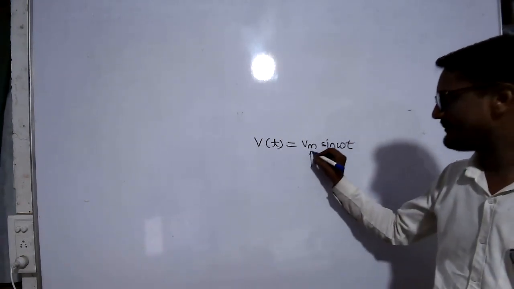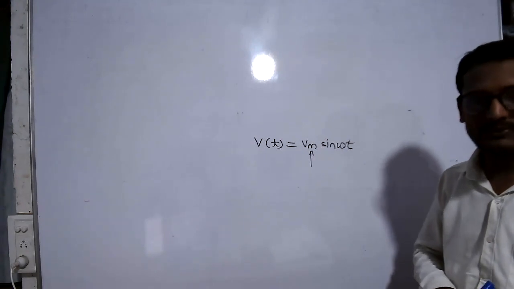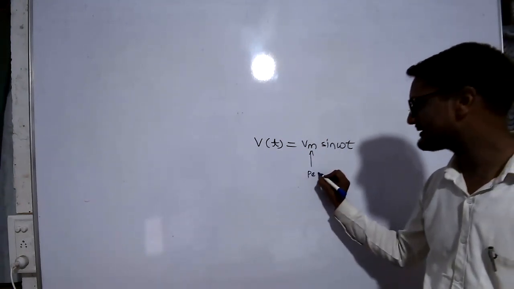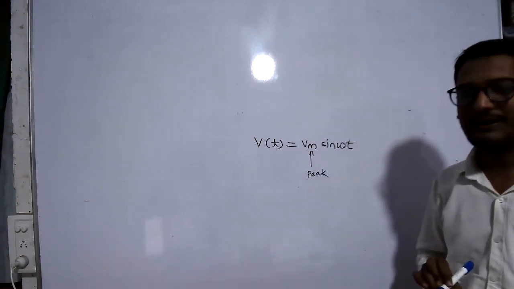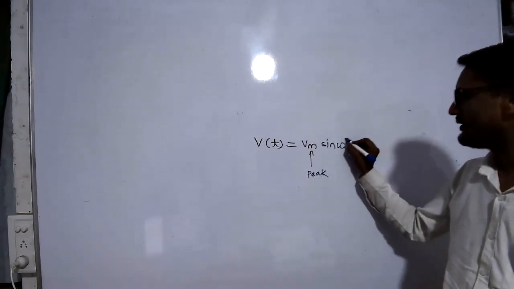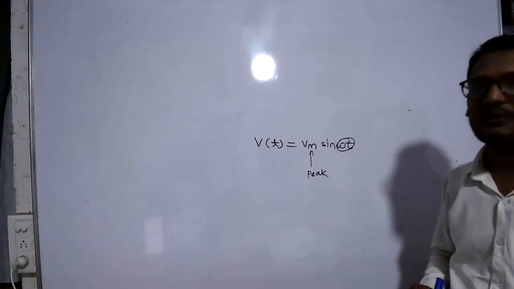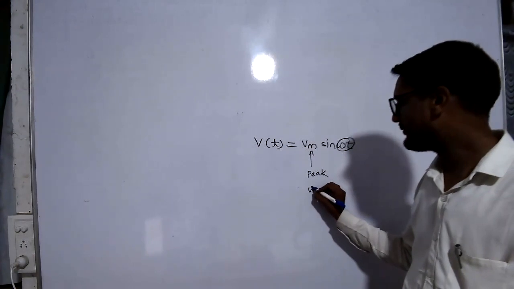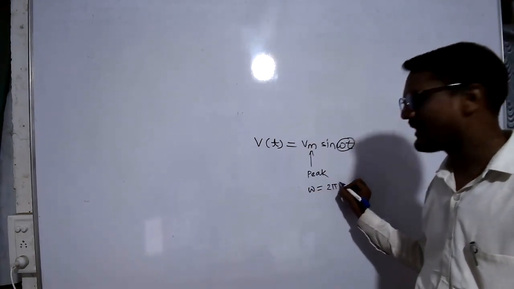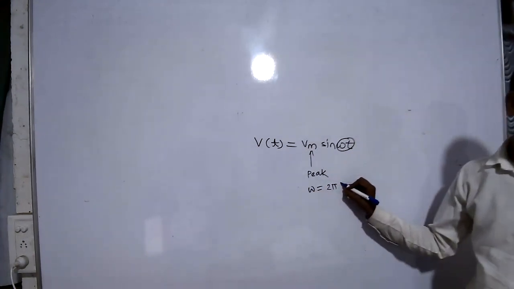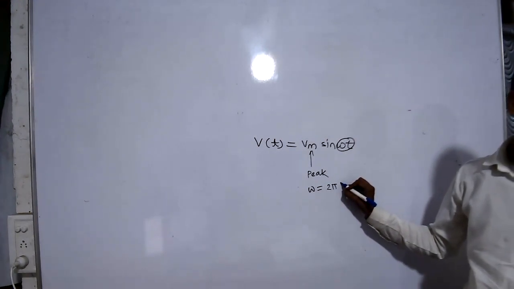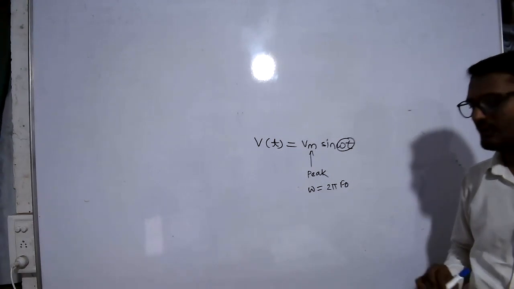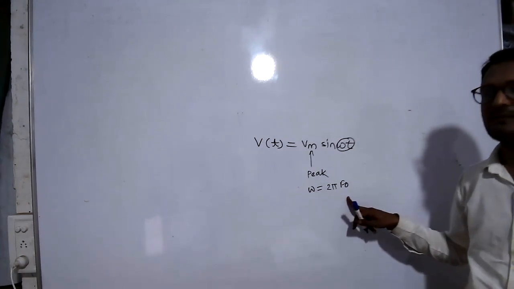Here Vm shows the magnitude of the voltage, the max value or peak value of the voltage, whereas omega t shows the angular displacement. We know that omega equals 2 pi f0. The value of omega is 2 pi f0.